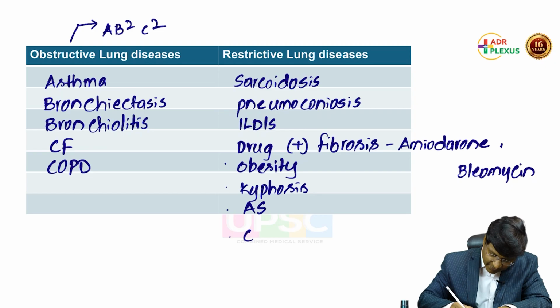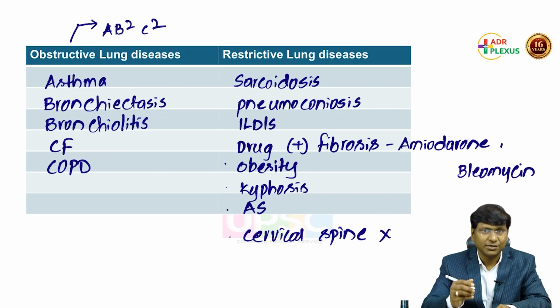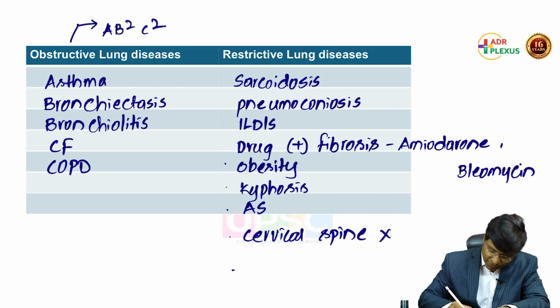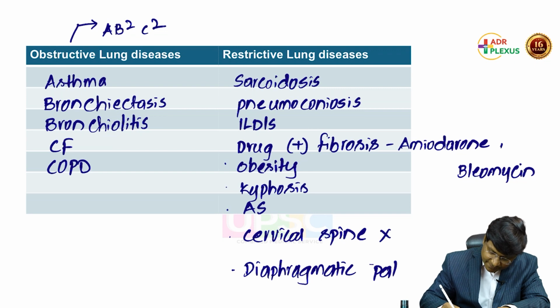Then cervical spine injury, okay, and which part of the cervical spine should have been injured? It is the high cervical spine injury, at the level of C2, C3 and C4, because that is where the root value of the phrenic nerve originates and it supplies the diaphragm. So even in case of diaphragmatic palsy, the individual will have restrictive lung disease.